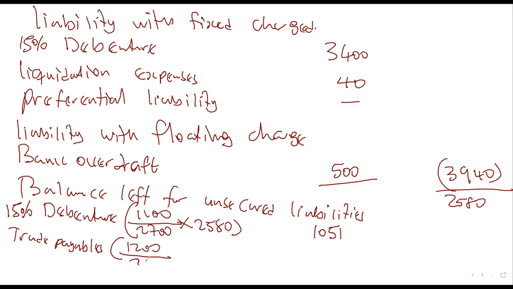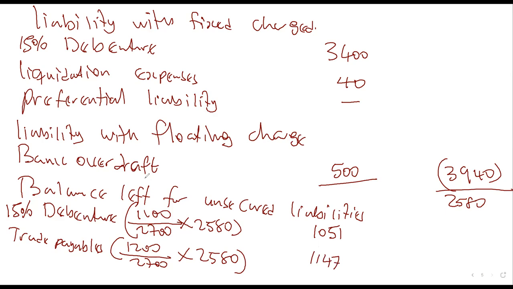I'll divide it by the 2,700 times how much they are sharing, 2,580. So 1,200 divided by 2,700 times 2,580 gives 1,147 to the nearest whole number.